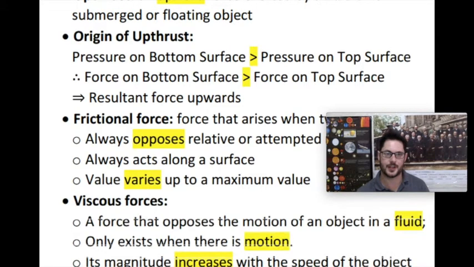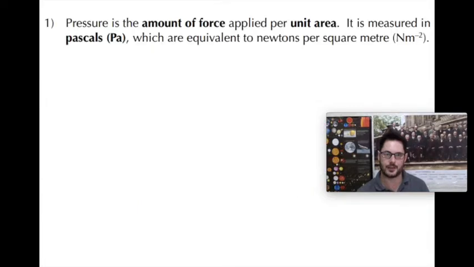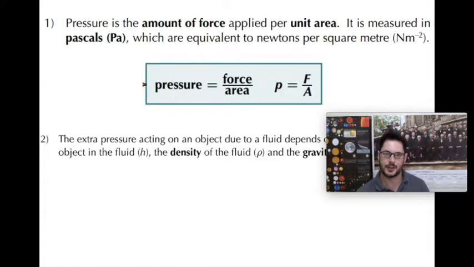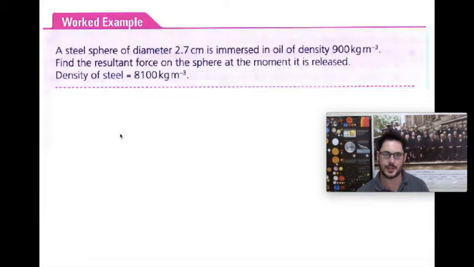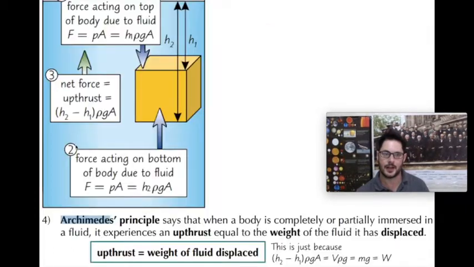Why does it provide an upwards force? Well, let's have a look. We can see that an object has a top part and a bottom part, and we know that when we move down in a liquid, the pressure increases. So it makes sense to say that the pressure on the bottom surface is going to be greater than the pressure on the top surface.